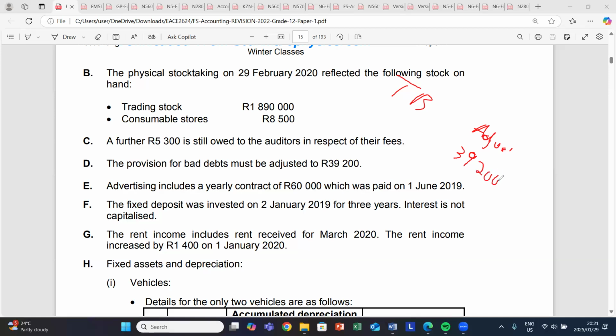We know that we have to compare the one that is in our trial balance with the one that appears in our adjustment. If the provision for bad debts in your trial balance is more than the adjustment one, it simply means that you will record the difference in your income. Let's make an example. Let's just say our provision for bad debts in the trial balance is 5.